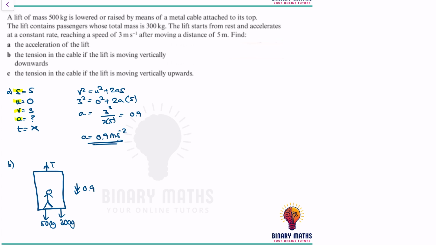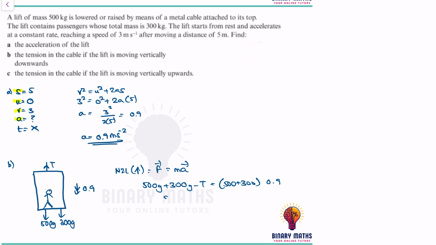So that means Newton's second law applied vertically, F is equal to mass times acceleration. It's moving downwards, so forces acting down is 500 g plus 300 g minus tension must be equal to mass, which is 500 plus 300, times acceleration, which is 0.9.